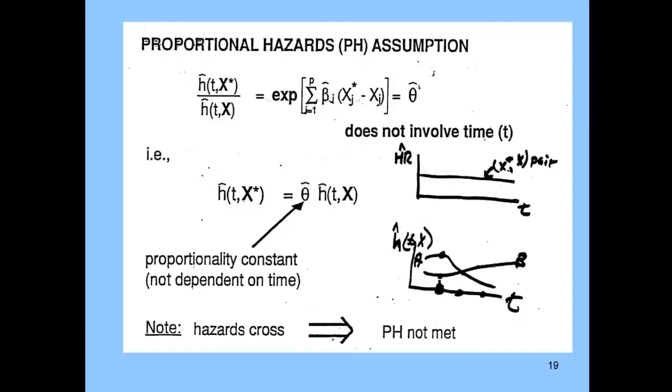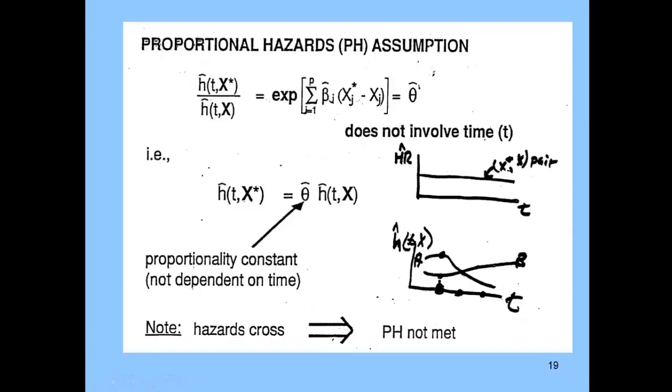And you know it's not, because, for example, before the intersection, the hazard ratio comparing A to B is larger than 1, because the hazard for A is larger than the hazard for B. At this point, the hazard ratio is 1.